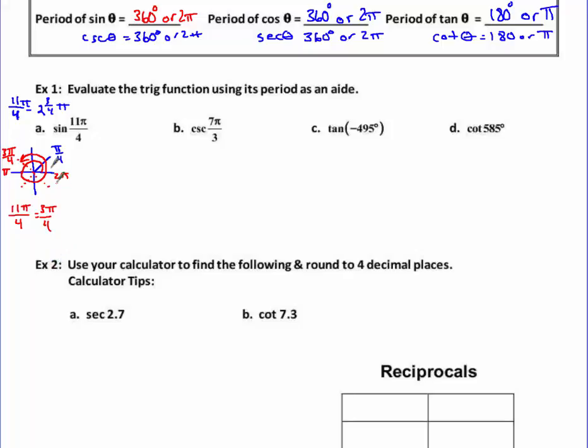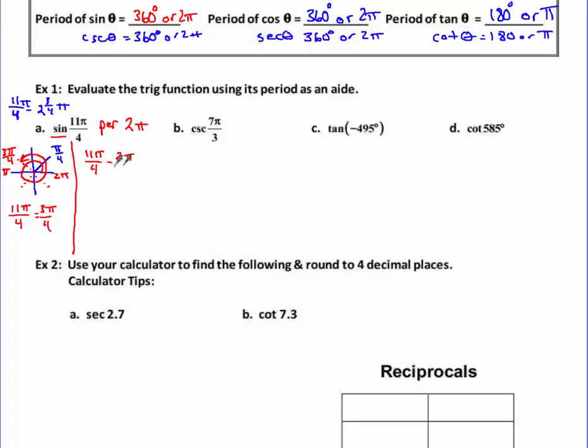But we can't draw this picture for every problem, so we're going to have to figure out a way to do some algebra and answer these instead. So we take our function, sine, and we know that the period of the sine function is 2 pi, and we know this from up here. We're going to take 11 pi over 4, and we're going to subtract as many revolutions as we need to get to one of our unit circle values that we know.